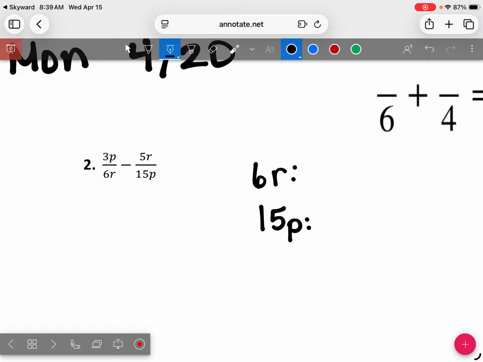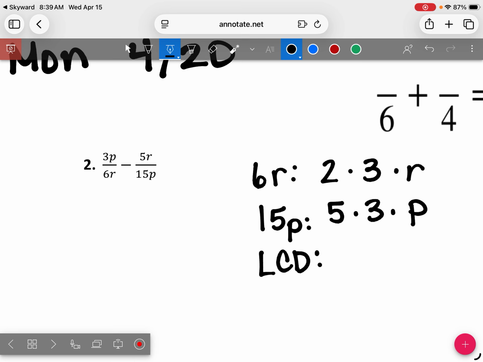So let's break down that 6R. 6R can be broken down to 2 times 3 times R. What about 15p? 3 times 5 times p.